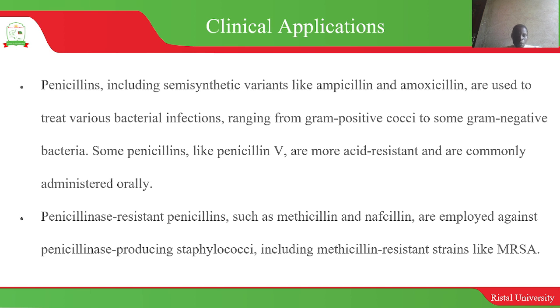Clinical applications: penicillins, including semi-synthetic variants like ampicillin and amoxicillin, are used to treat various bacterial infections ranging from gram-positive cocci to some gram-negative bacteria. Some penicillins like penicillin V are more acid-resistant and are commonly administered orally. The point here is that we are able to take penicillin V orally because it is well tolerated in the stomach acid.